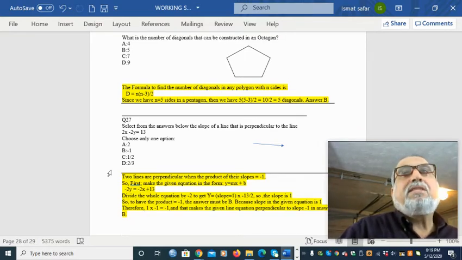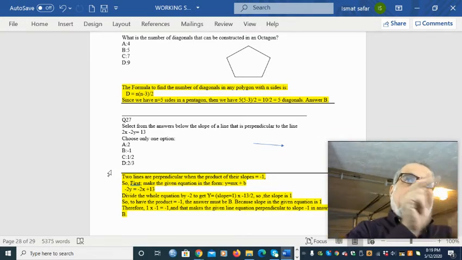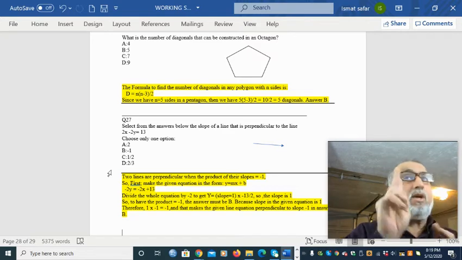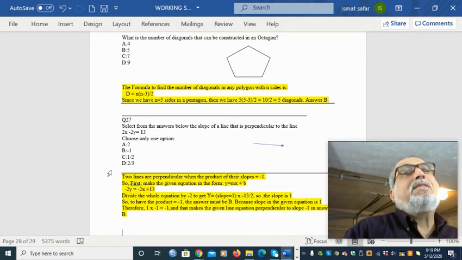So they are perpendicular if the product of their slopes is -1. We multiply the two slopes, not the equations, not x, not y.